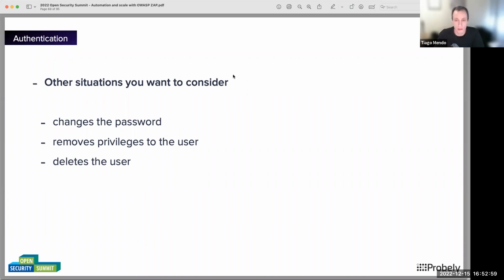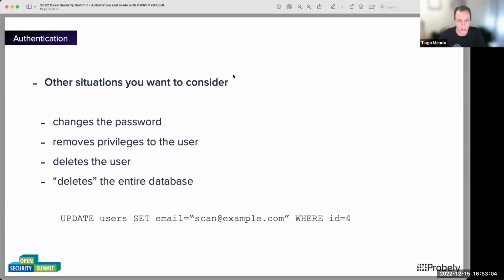Or it deletes the user. So many times we deleted users or some other content. So there are some things you need to be aware of. For instance, with SQL injection, you cannot simply enable Boolean-based tests, because if you do that, you might end up in a situation like this, where you are not deleting the database, but you are changing the whole users table's emails to this value.